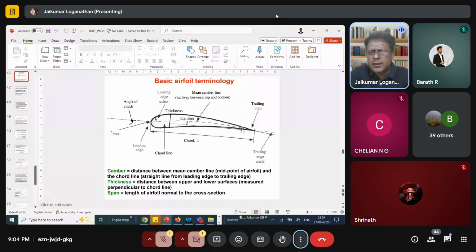So camber is nothing but the midpoint of the top surface and the bottom surface. If you just compute the midpoints and draw a line through that, that is the camber line, and camber is the distance between your chord line and the max distance. That is the camber.